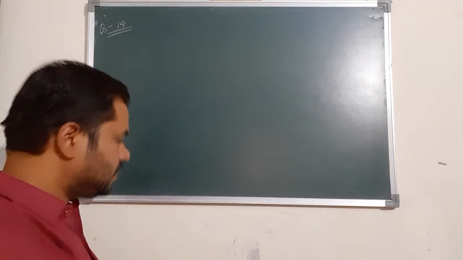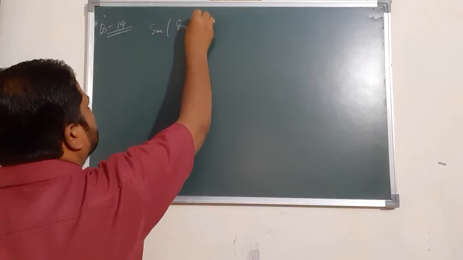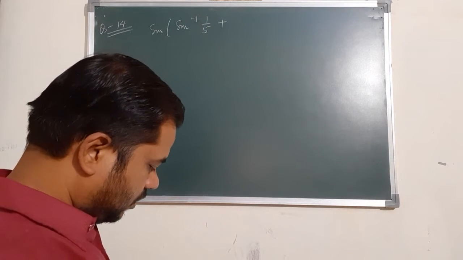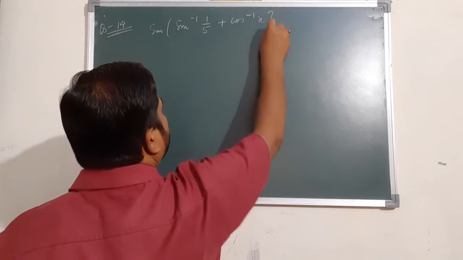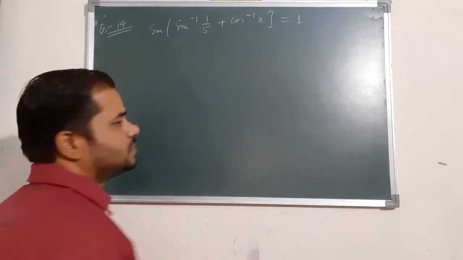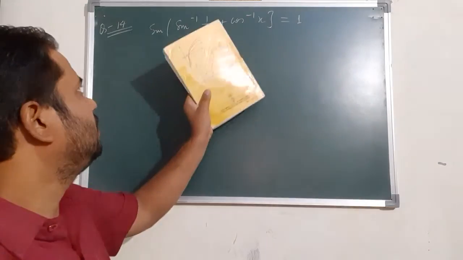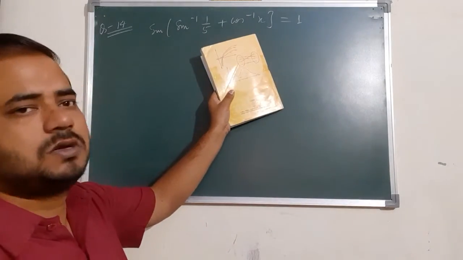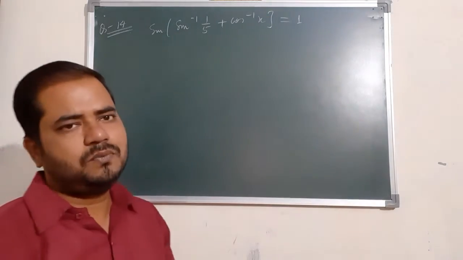Sine of sin inverse 1 by 5 plus cos inverse x is equal to 1. This is the question. If you simply see by inspection, x is nothing but 1 by 5, because sin inverse 1 by 5 plus cos inverse 1 by 5 is pi by 2, and then sin pi by 2 is nothing but 1.